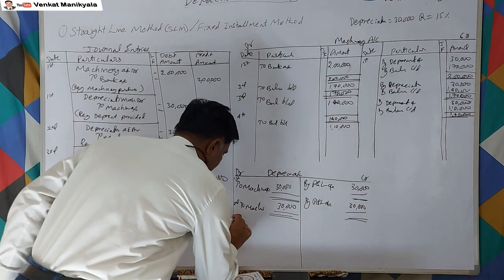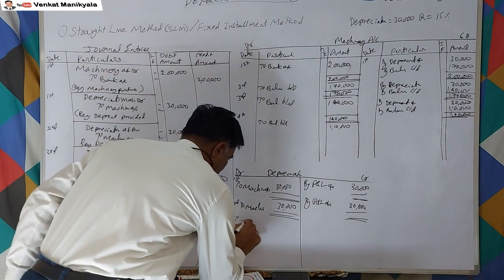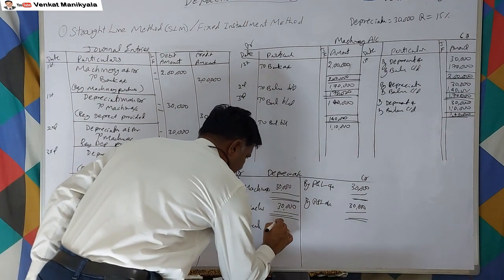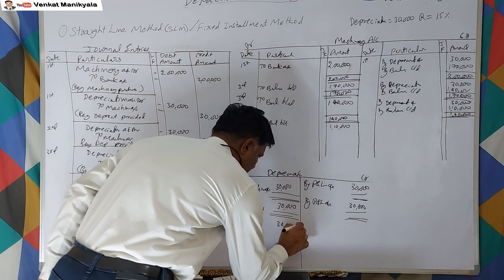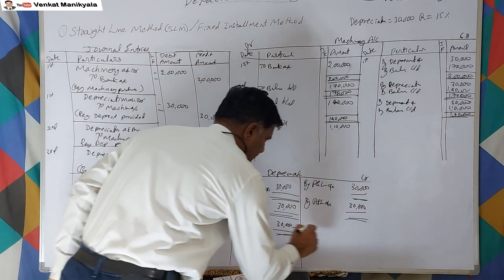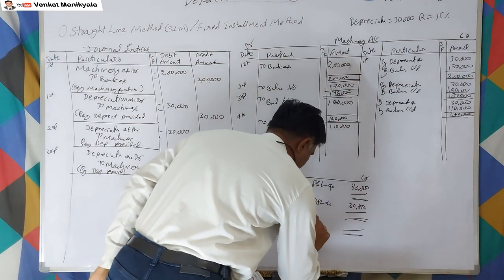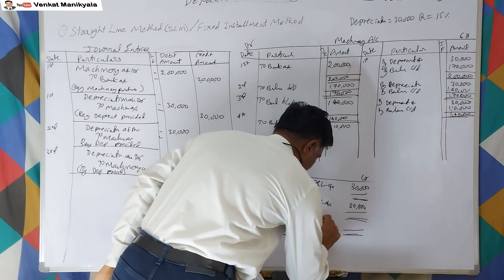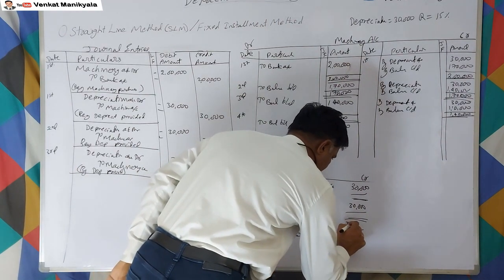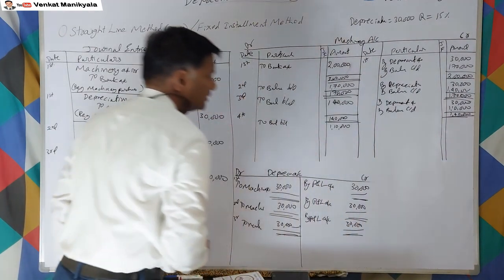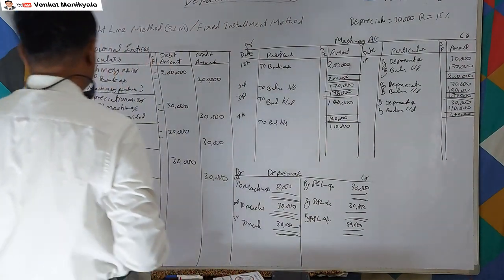So in the depreciation on third year, to machinery 30,000. So we close it by transferring this to P&L account. P&L account 30,000, right? So always this is transferred to P&L account.